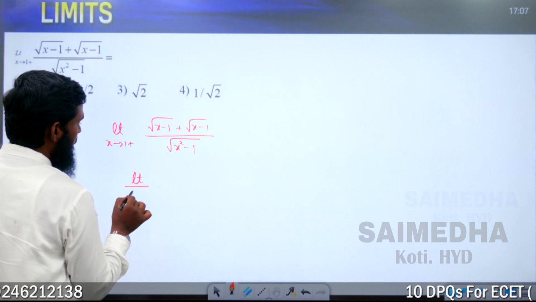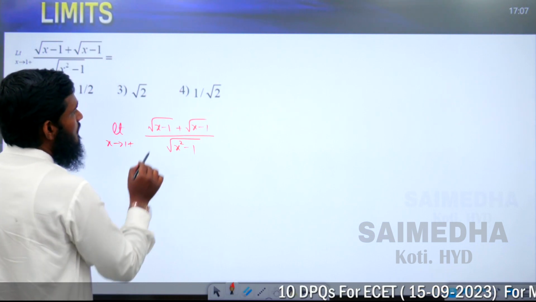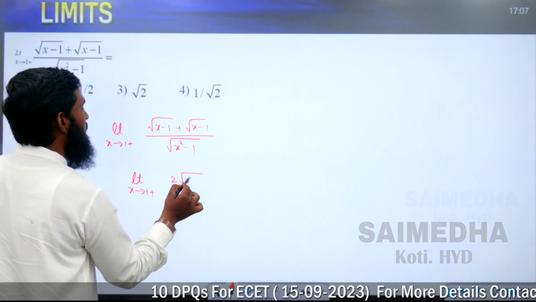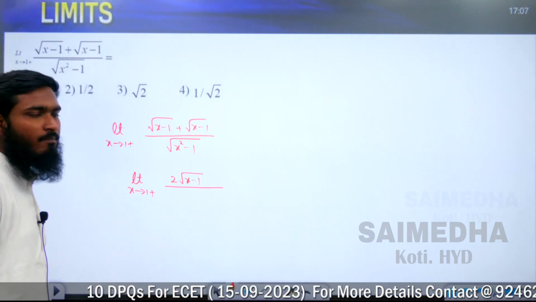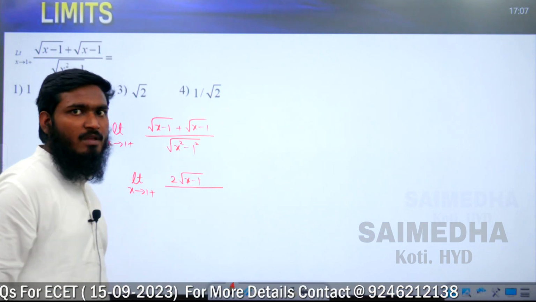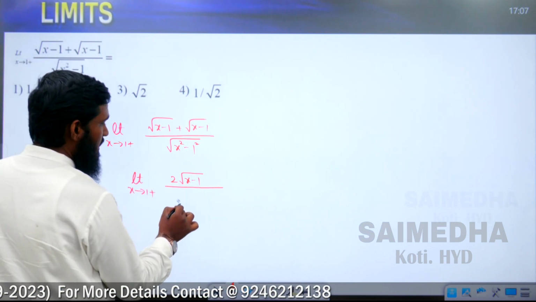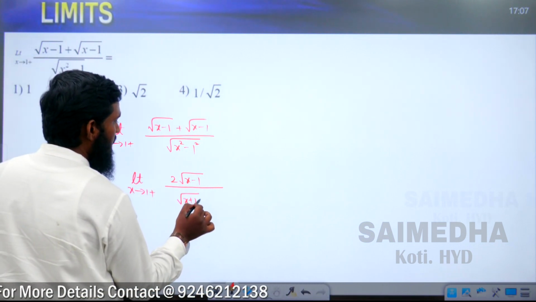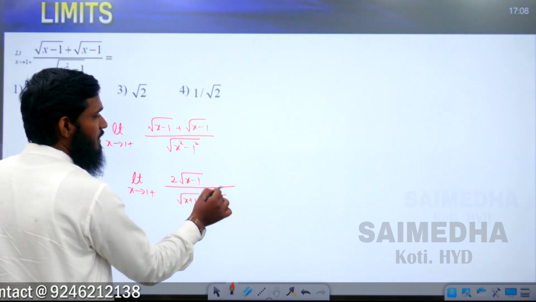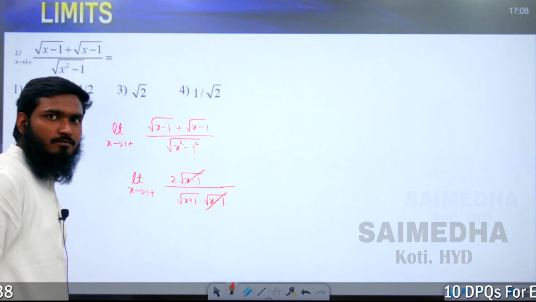Limit x tends to 1 plus, under root x minus 1 plus under root x minus 1 we can write as 2 under root x minus 1, divided by under root of x square minus 1 square, which is a square minus b square, so we write it as a plus b into a minus b: under root x plus 1 into under root x minus 1. Now this part gets cancelled.